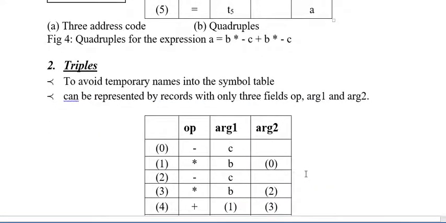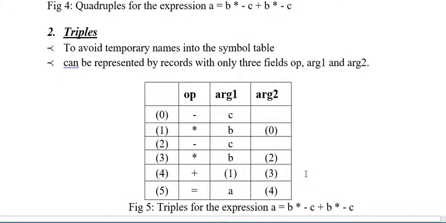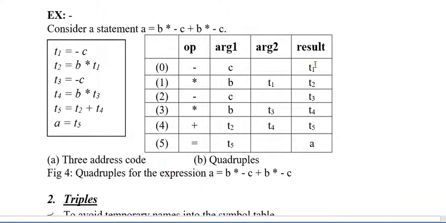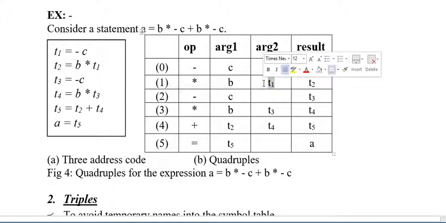Now moving to the next, which is triples. In triples we have three fields, like the previous one with the same operation. First we have the operator and the argument C, but where do we store the result? If we don't have the result section, we use the index number instead.